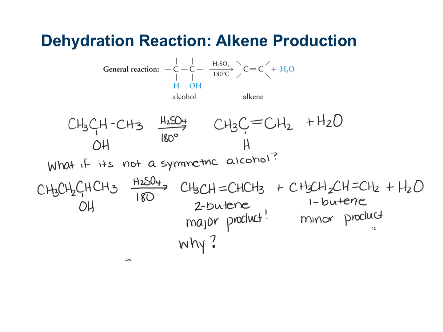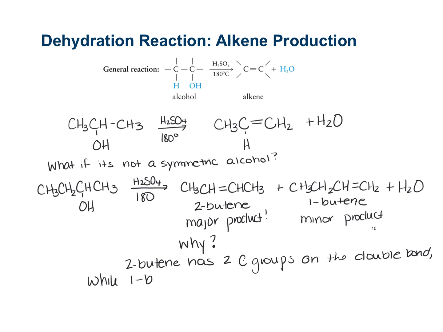Well, 2-butene has two carbon groups on the double bond, while 1-butene only has one carbon group on the double bond.